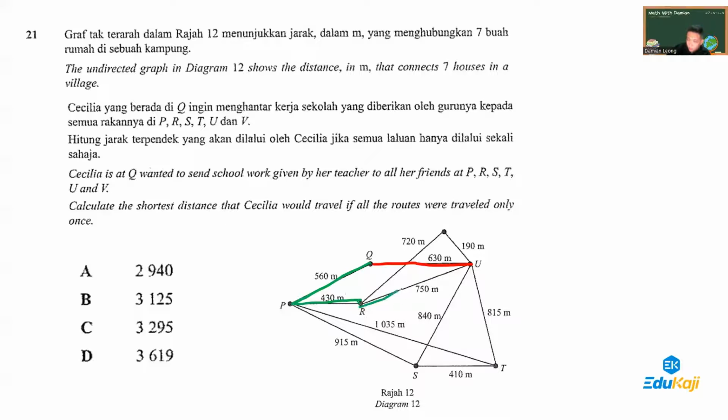After going to R, it only makes sense to go to P, then U, and from U I can go to S, T, and then P, or T, S, and then P. If I go S, T, P, that will be a longer way. So T, S. Oh, sorry. Actually, no, I don't need to go back to P. So T and then S. That's one way.